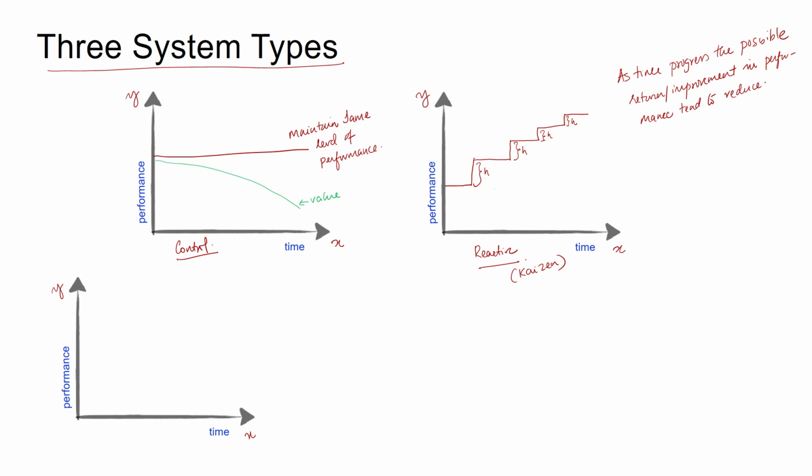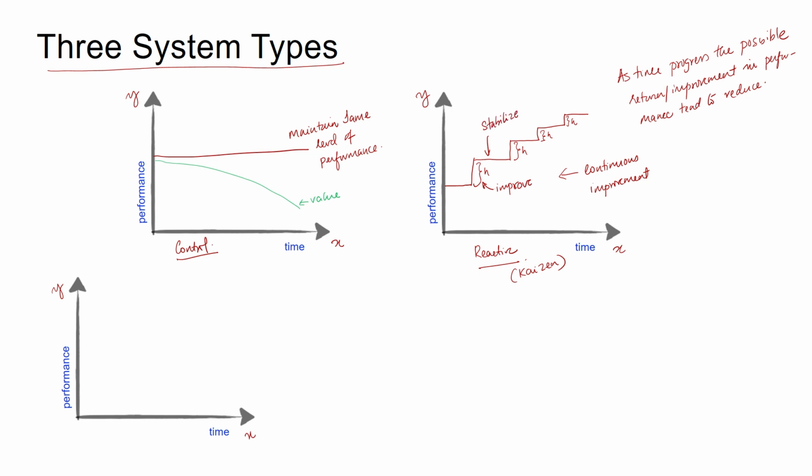This is the second part of it, the Japanese word we call continuous improvement. So, in a reactive system, as and when need happens, we tend to slightly improve and stabilize. This is the improve, this is the stabilize.